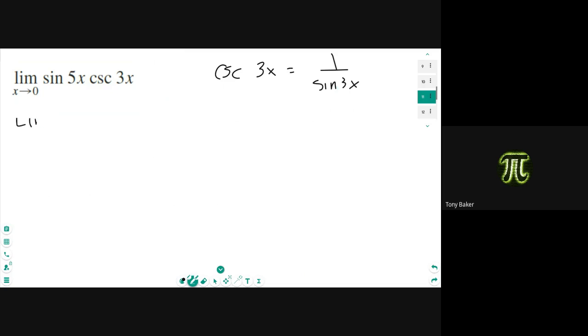So this problem, as stated, is sine 5x over sine 3x. And now we get 0 over 0, so I have to do L'Hopital's rule to it.